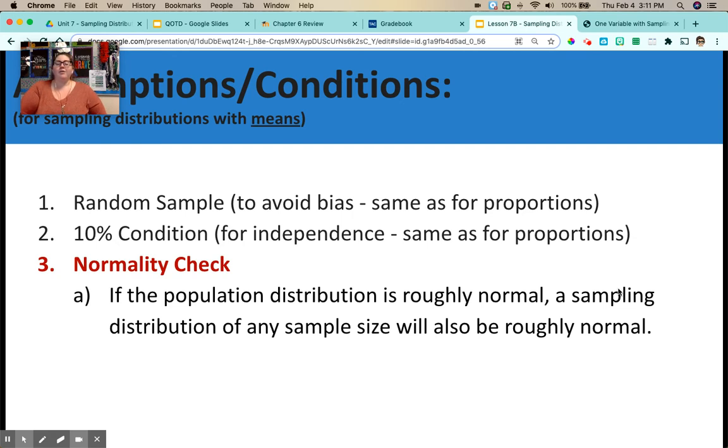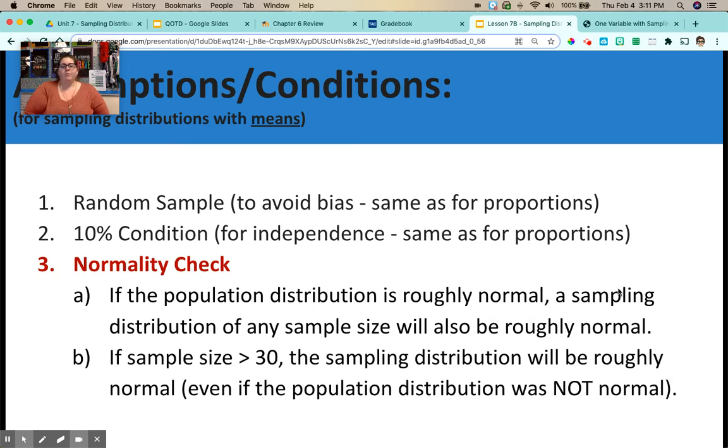Okay. But if we're not told that, or if we are very specifically told that the population is skewed or not normal or something, then we need to go to sample size. And that's where we can use that central limit theorem that tells us as long as our sample size is bigger than about 30, we know our sampling distribution will be roughly normal, even if our population distribution wasn't.